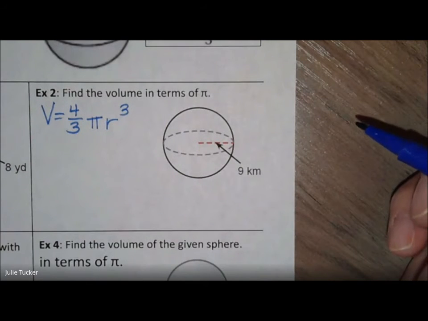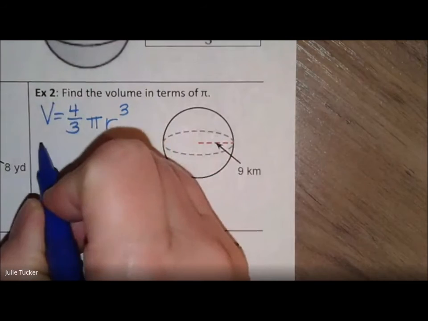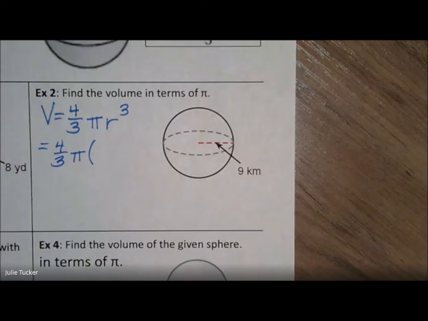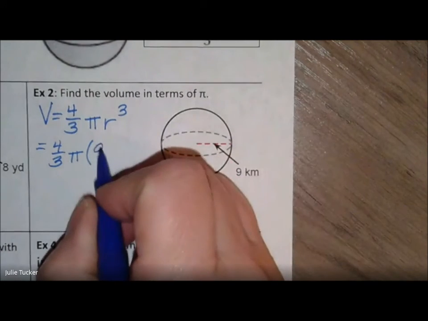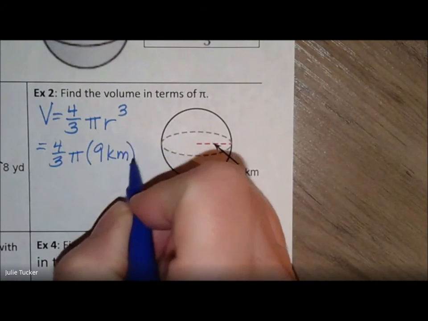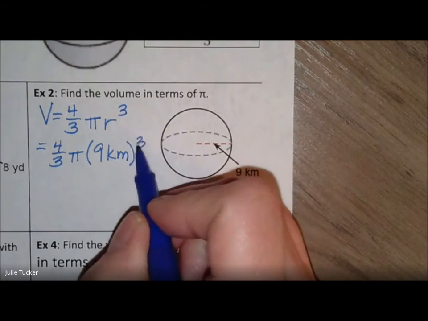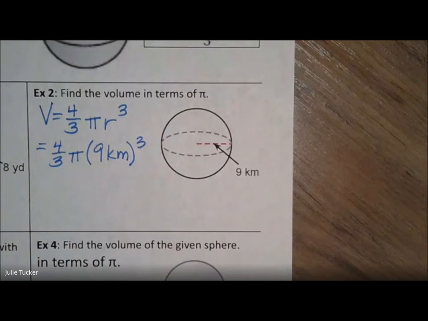That's how I remember it. So what is the radius on that one? Yeah, 9. And we have to cube that. Oh goodness, that's going to be a big number.